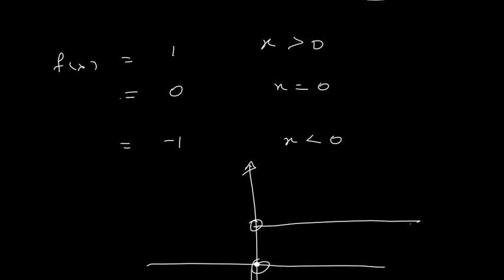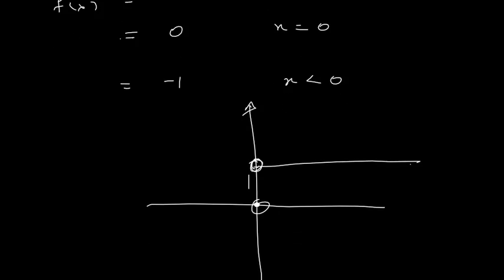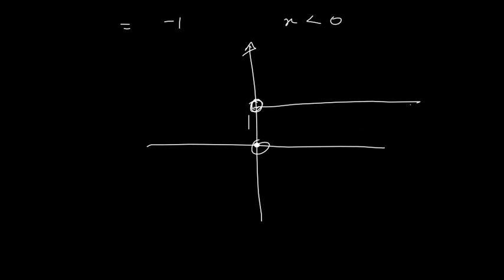So here I will show a circle with an opening inside, a hollow circle, and here you will show it with a filled circle, because when x is 0, the value of f(x) is also 0.